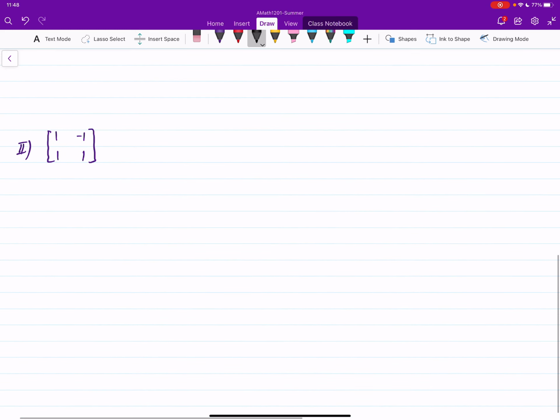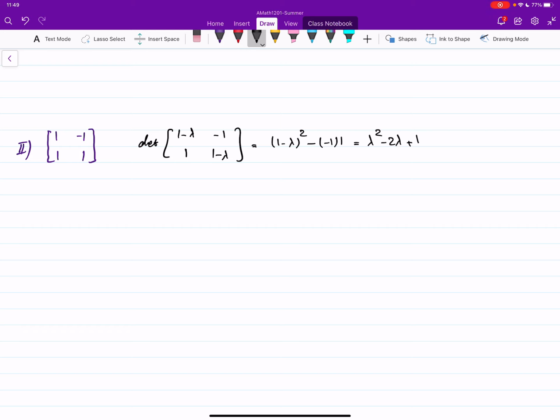So characteristic polynomial, determinant of A minus lambda, only on the main diagonal. So we do then (1 minus lambda) squared minus negative 1 times 1, which is lambda squared minus 2 lambda plus 1 and plus 1. That is lambda squared minus 2 lambda plus 2. Then lambda is eigenvalues.